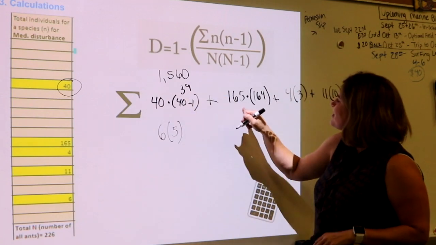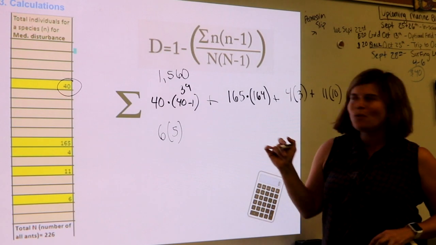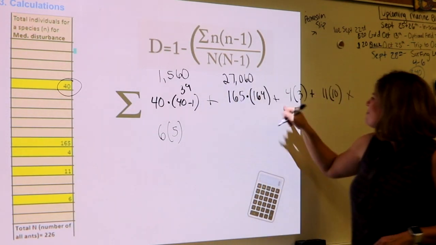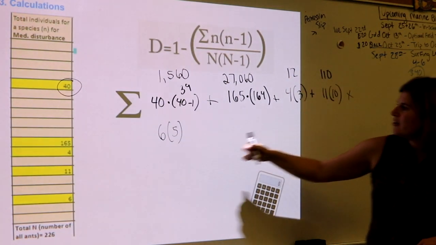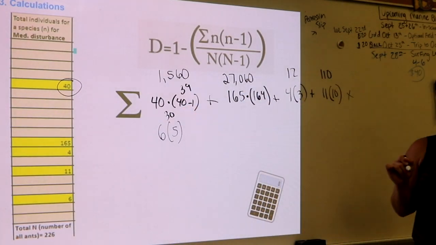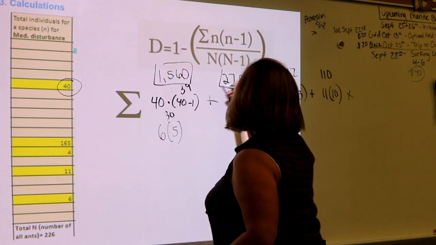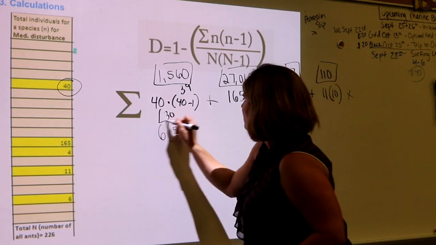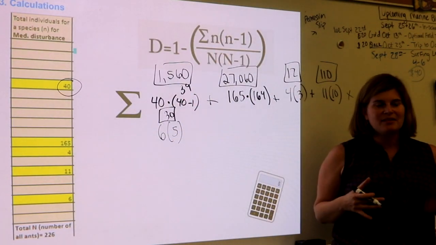Plus 165 times 164, that sounds like 27,060. Plus 12 over here, plus 110 here, plus 30 right there. So now all those values, that's what we're going to add together. That's what the sigma represents, adding all of those little n's together.